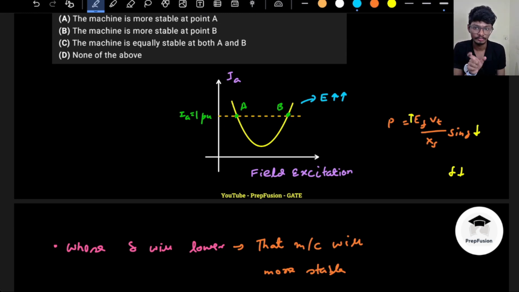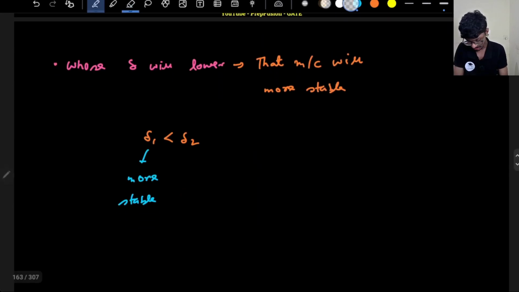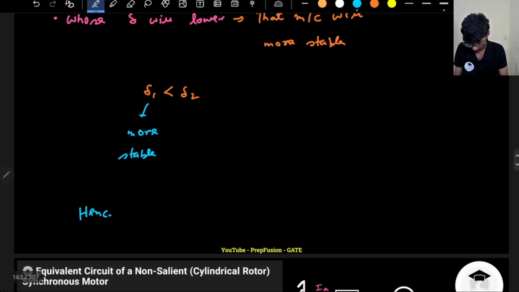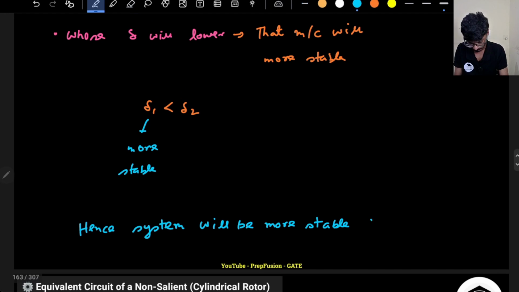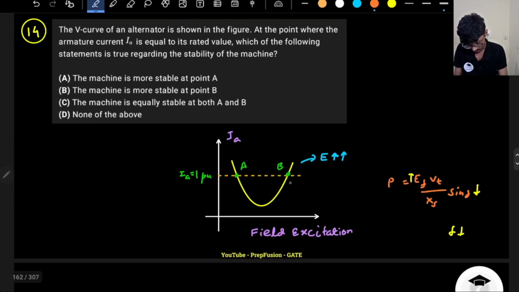Hence I will say the system will be more stable at point B. Point B is somewhere here.